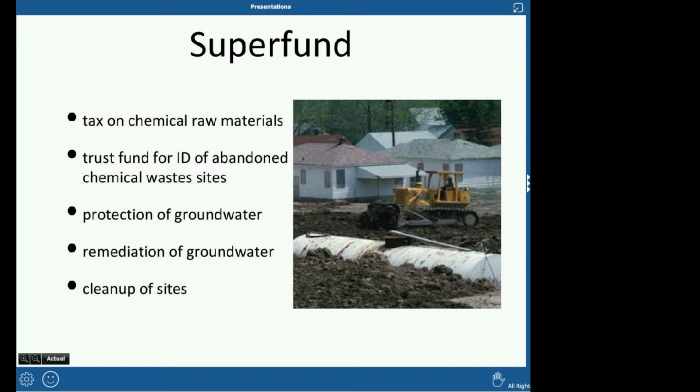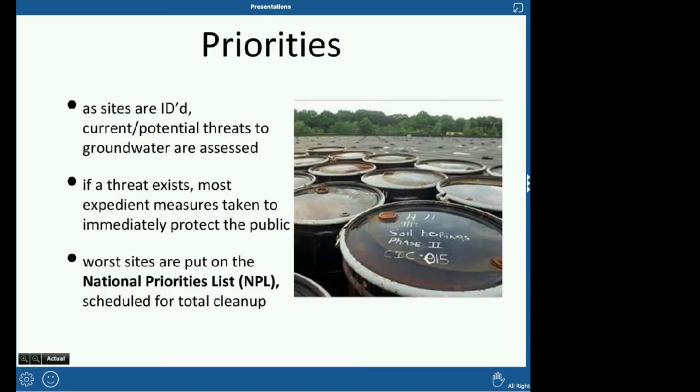The most, not the most dangerous, but the most urgent Superfund sites are ones that affect groundwater or have the ability to affect groundwater, because they're basically trying to protect water that we use. So they can try to remediate the groundwater and clean up the sites, and that's what you spend the money on.